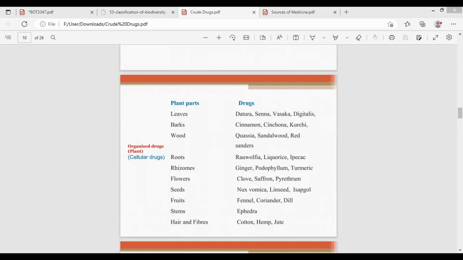Exactly. So we have to match the source and the drug it produces. Exactly. So like the Atropa belladonna used to produce what? I don't know. It's opium. Okay.